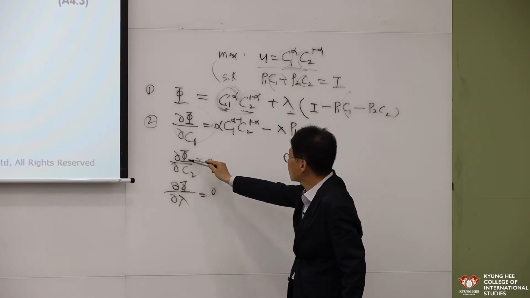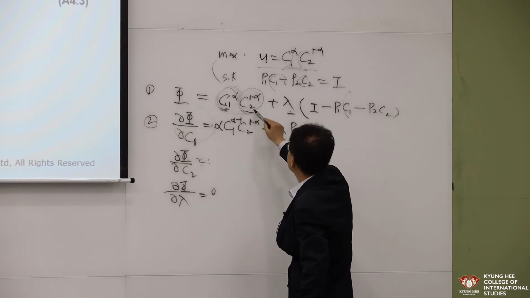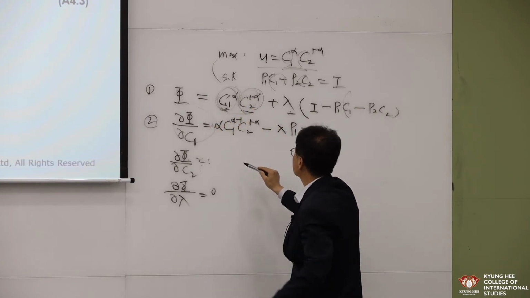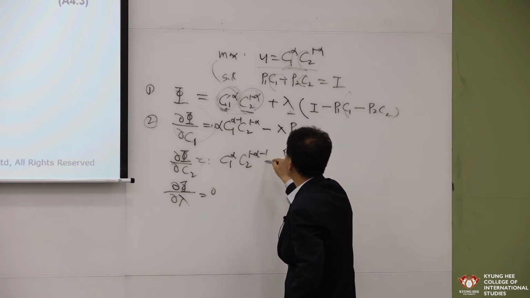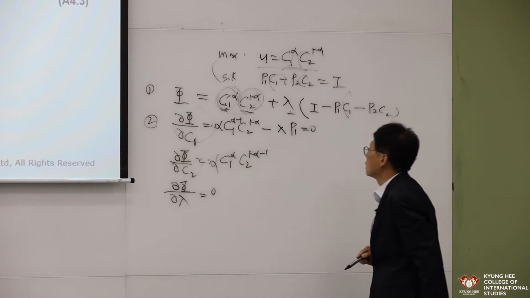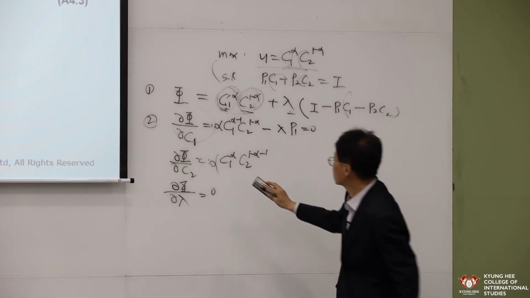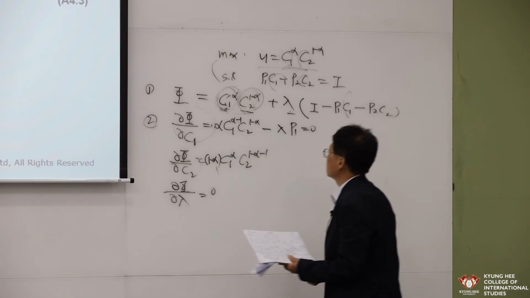Now the partial derivative of the Lagrangian function with respect to C2. This is an endogenous variable, but that is a constant number. So C1 alpha, C2 1 minus alpha, I'm sorry, 1 minus alpha, isn't it?